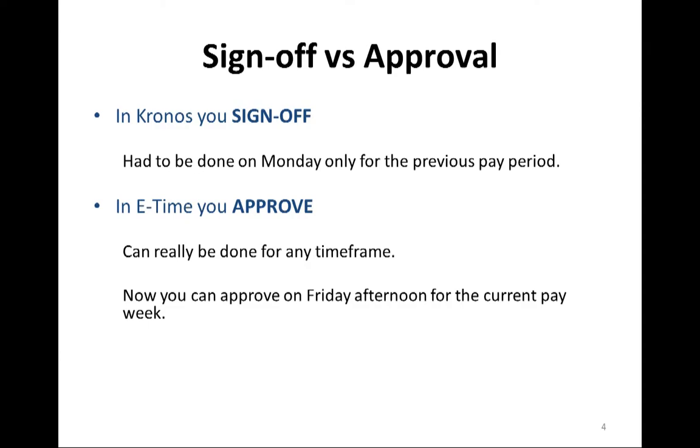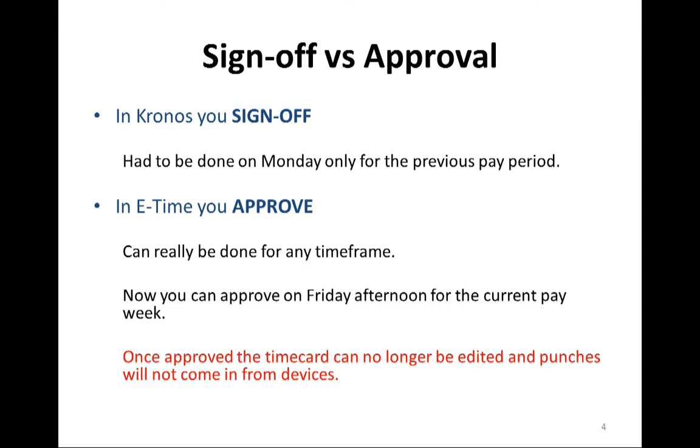So if you've got people that are going to work on Saturday or Sunday, you can't approve your time cards on Friday. But if you don't have anybody working on Saturday and Sunday, you can approve your time card before the end of the pay period so that it's not a big deal on Monday morning. Once they're approved, the time card can no longer be edited and punches will not come in from time clock devices.